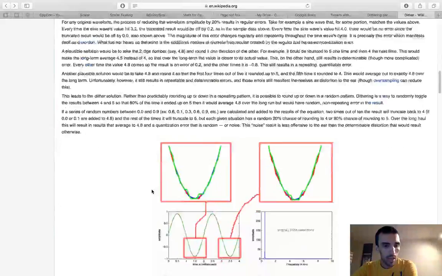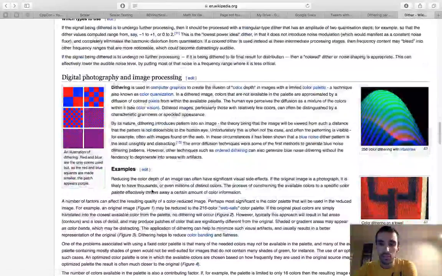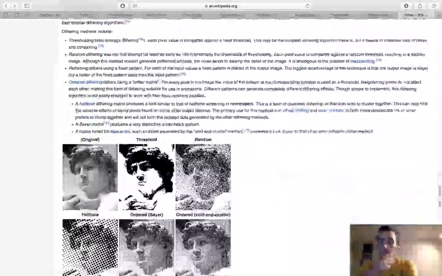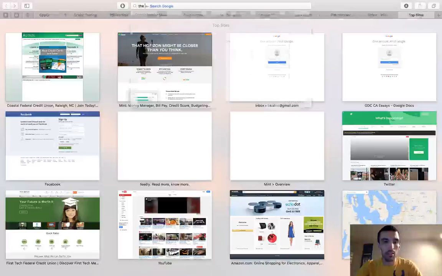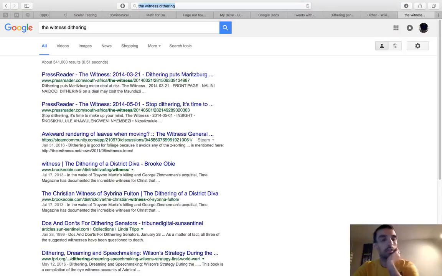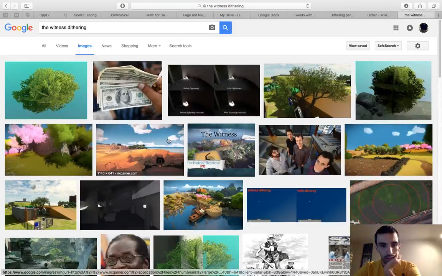And it's used a lot in games these days to do fading in and out. So if something is in the background, and let's see, what's an example of a game that does this? I've seen The Witness do it. Let's see if we can get any screenshots from The Witness doing some dithering.